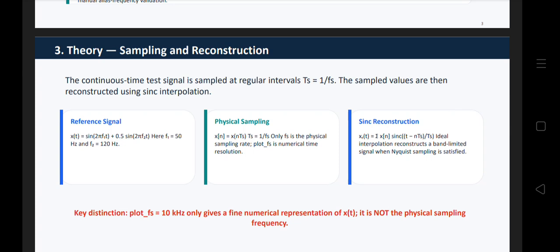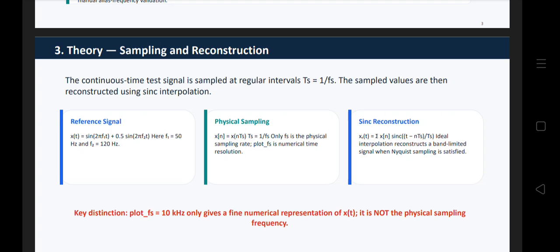Now coming to the theory portion, here the reference signal x(t) is equal to sin(2πf1t) plus 0.5 sin(2πf2t). Here f1 is equal to 50 Hz and f2 is equal to 120 Hz.